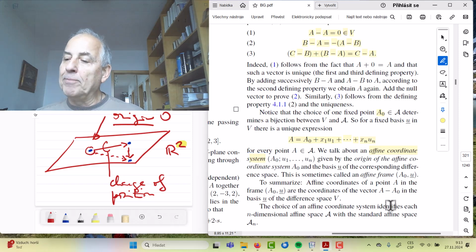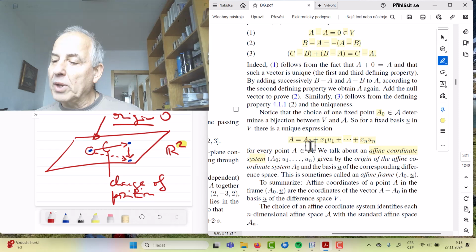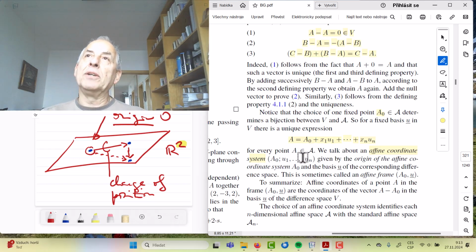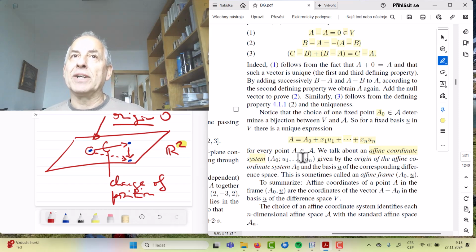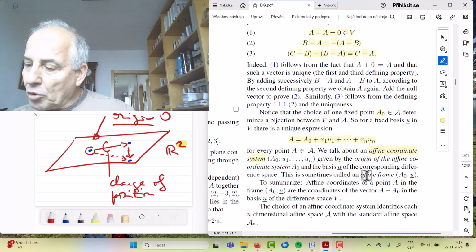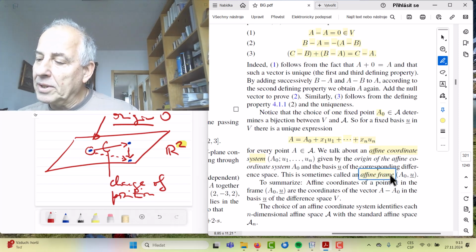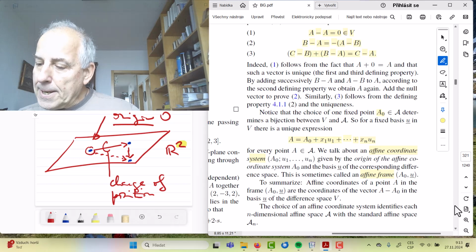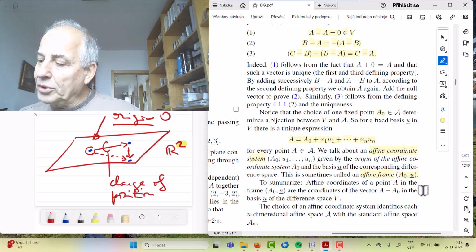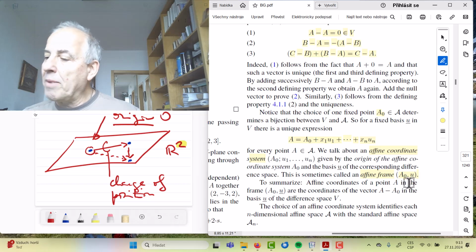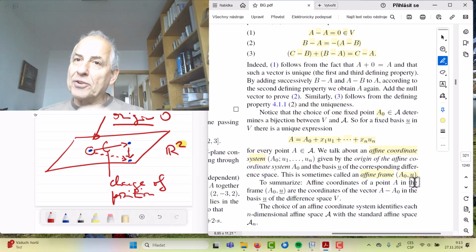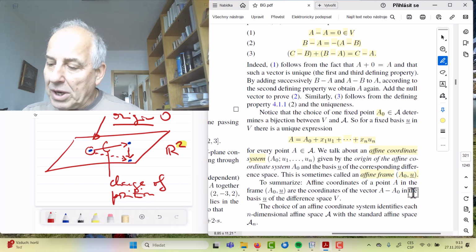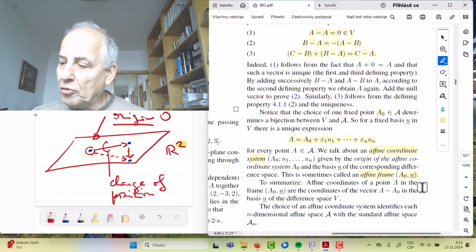And the n+1 tuple, the origin A0 and the basis of the vector space, is also called affine repair or affine frame. Right, so we shall use this notation which goes back to the vector spaces. Remember, I underlined the letter to indicate that it's a basis. Right, so this is quite straightforward.